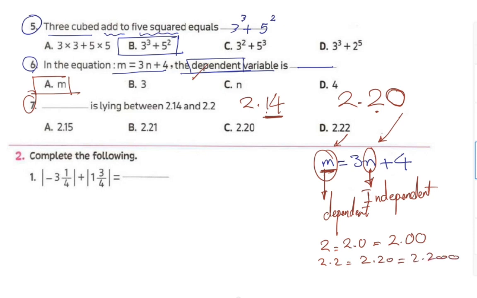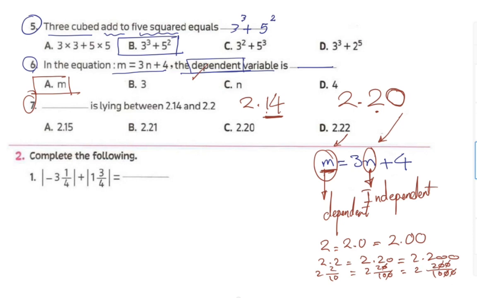It's the same. Why? Because 2.2 equals 2 and 2 tenths equals 2 and 20 hundredths equals 2 and 200 thousandths. Why? Note with me, I can delete this 0 with this 0. We have 2 over 10, 2 0 and 2 0, we have 2 over 10.